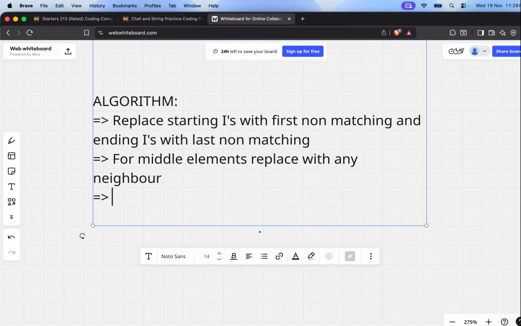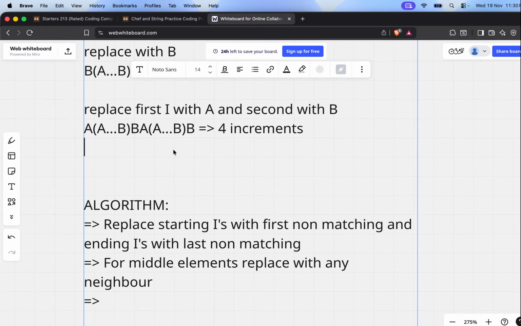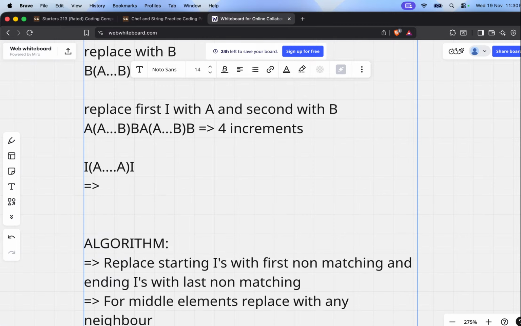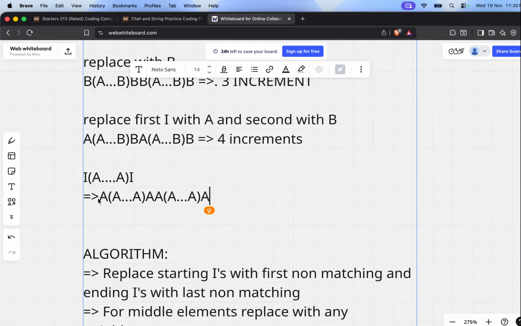And for the rest, what if the starting non-matching character and the ending non-matching character are the same? For example, there is an I, then A, then again A, then an I. So here we replace with A. Now here, instead of four increments, what is the number of increments?